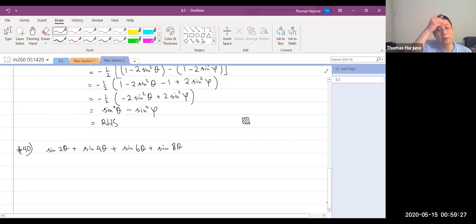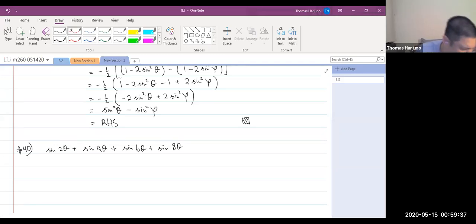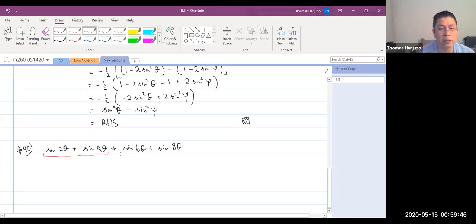Actually, for this one, there are many ways to do this. But this question is very similar to what you see on number 39. So the idea is you will combine this and you will combine this. Use the formulas you have in group 5 to combine them.